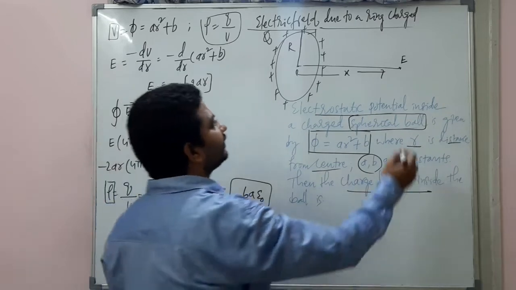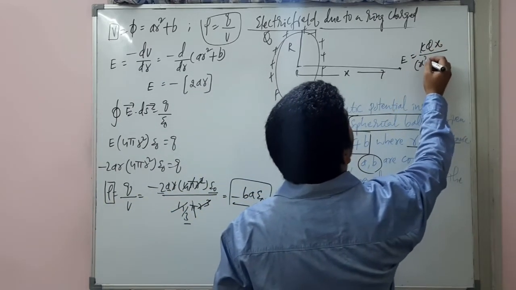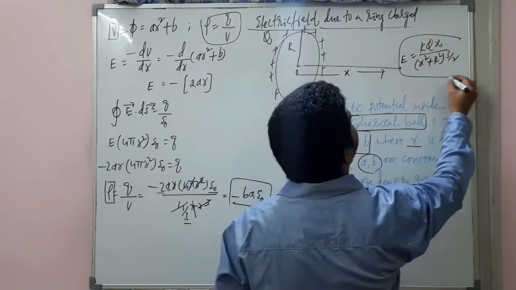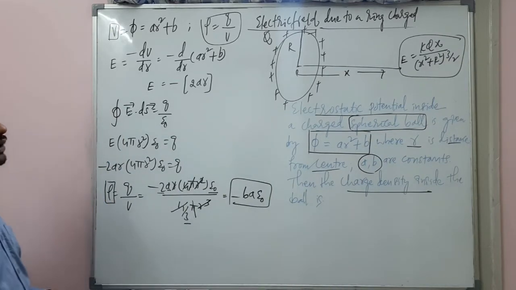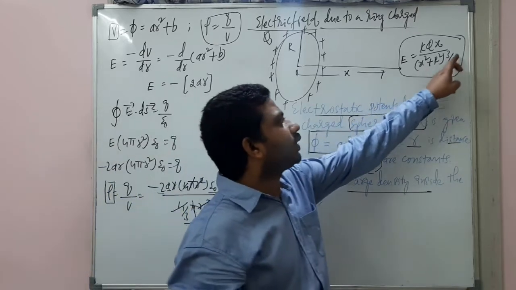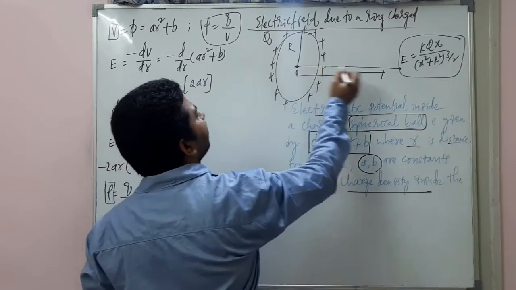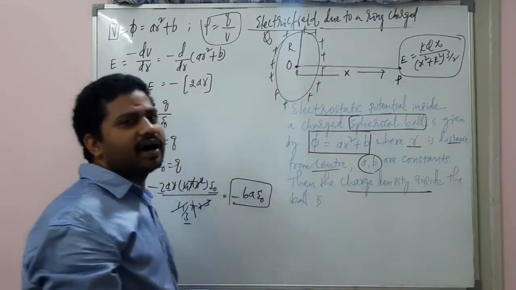You know the formula for this: E is equal to kqx divided by x square plus r square whole to the power 3 by 2. You must remember this formula. What is x? X is the distance between the point of consideration and the center. R is the radius.